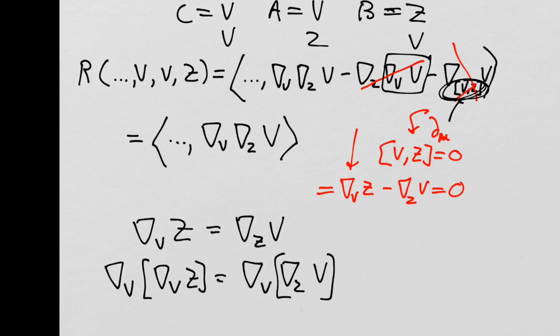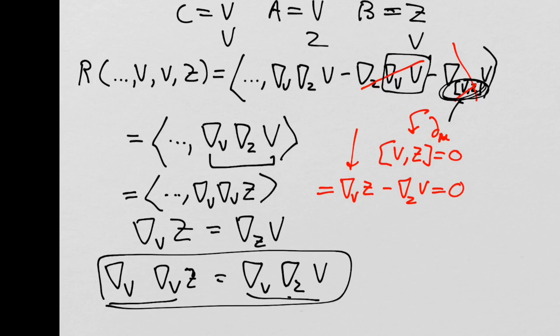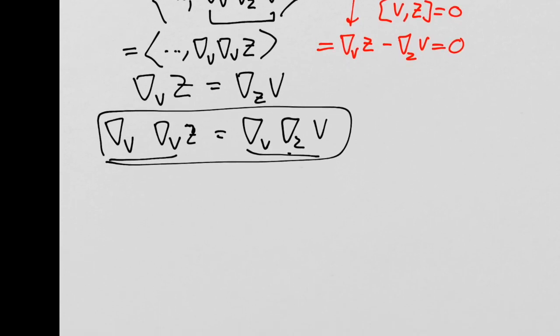And then if I get rid of the brackets, which were only there to make it clear what was going on, I end up with this expression here, which tells me that this term, the covariant derivative in the direction V of the covariant derivative in the direction Z of V, is actually equal to this. So now I can write this in terms of the covariant derivative in the direction V of the covariant derivative in the direction V of Z. Okay, so let's put that in a summary line.